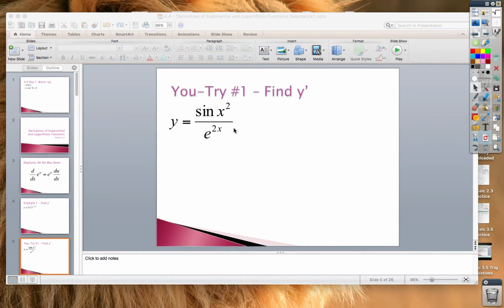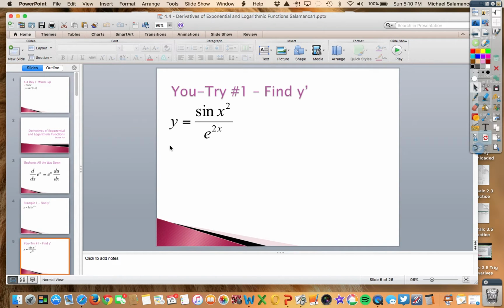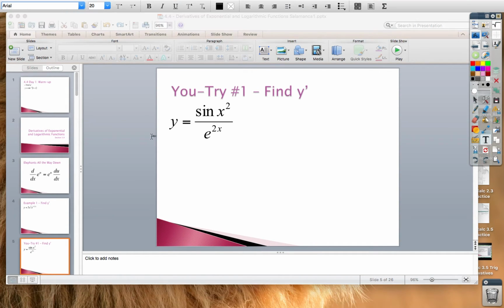Looking at the next problem, again, another exponential, but we're just doing the quotient rule. So that's low d high, so the derivative of the high is cosine of x squared times 2x, because it's the chain rule inside.